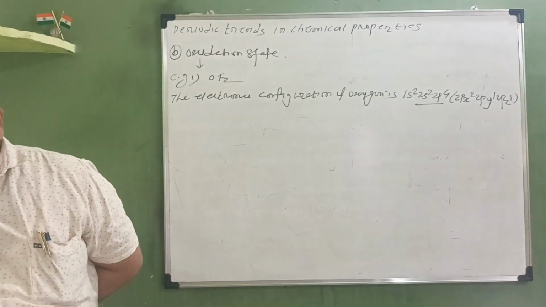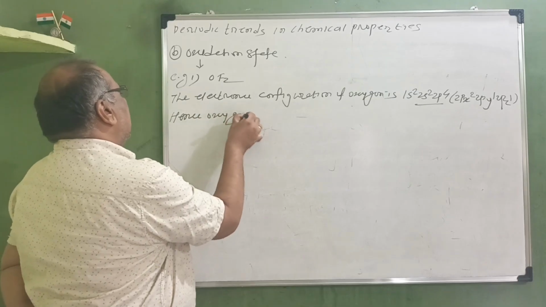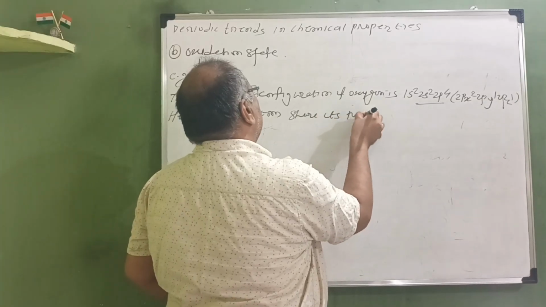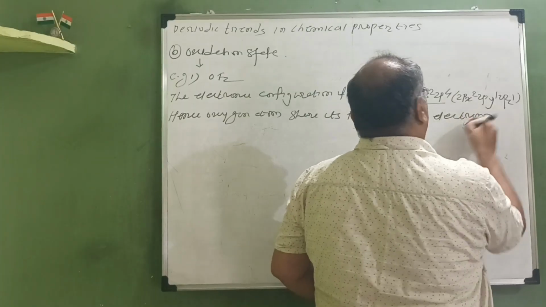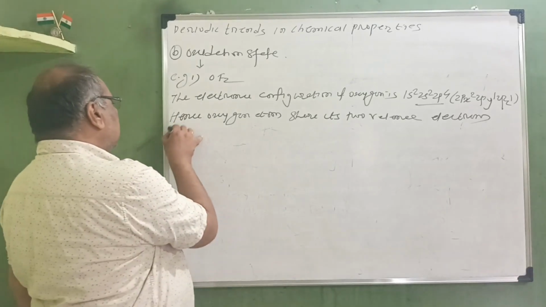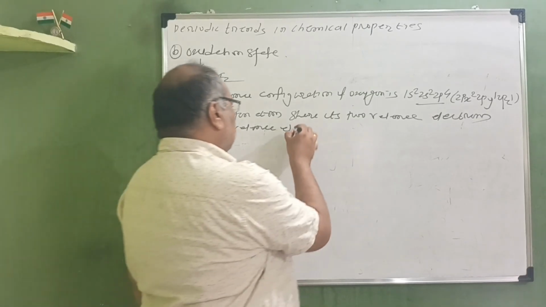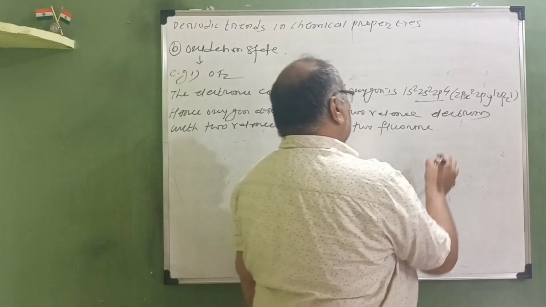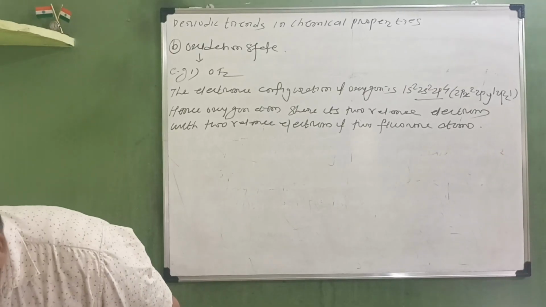That means here oxygen atom shares its 2 valence electrons with 2 valence electrons of two fluorine atoms in the OF2 molecule.